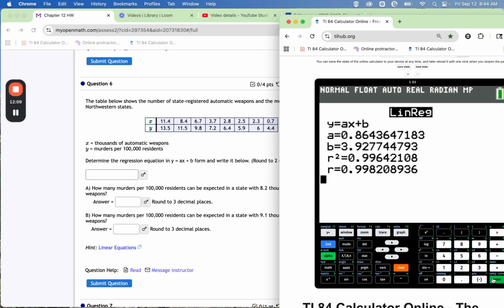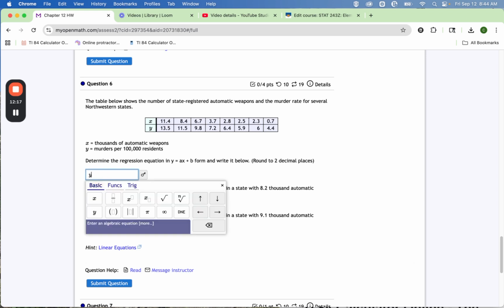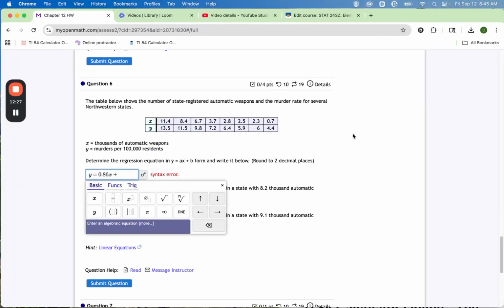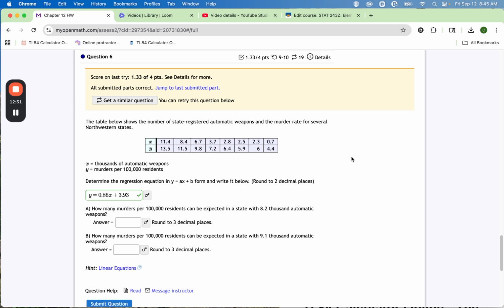The 0.864, where are we rounding to? 2 decimal places, so 0.86x plus 3.93. You actually have to put the Y equals. What was it again? 3.93. Okay, so there we go. We have our regression equation in.